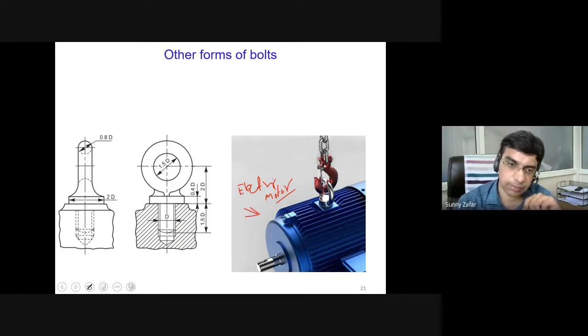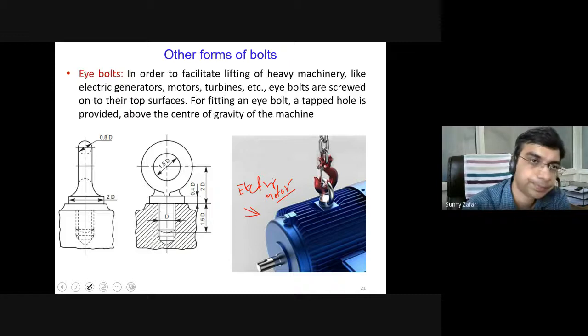In this eye bolt, what are the important parts? Why is it known as the eye bolt? Because you have this external cavity made here like this, which forms the eye. In the eye, you can fix a crane hook and lift heavy machinery like electric generators, motors, turbines.